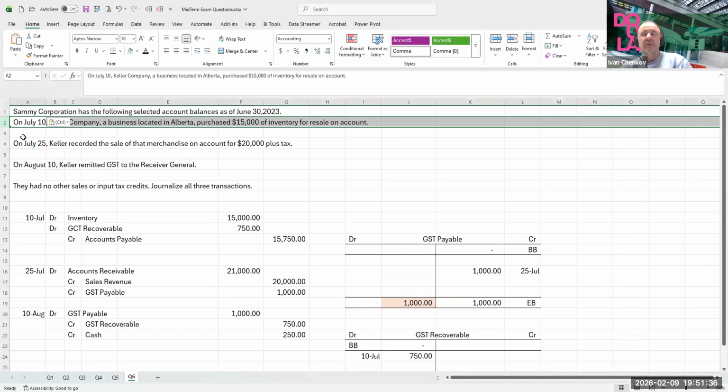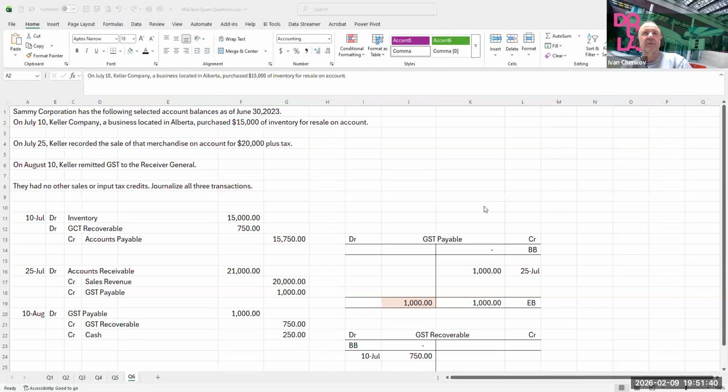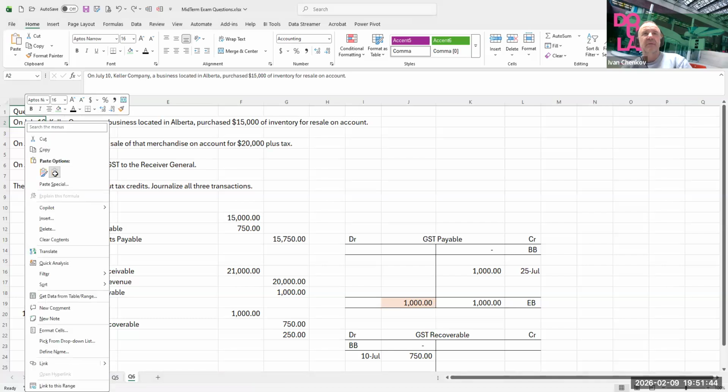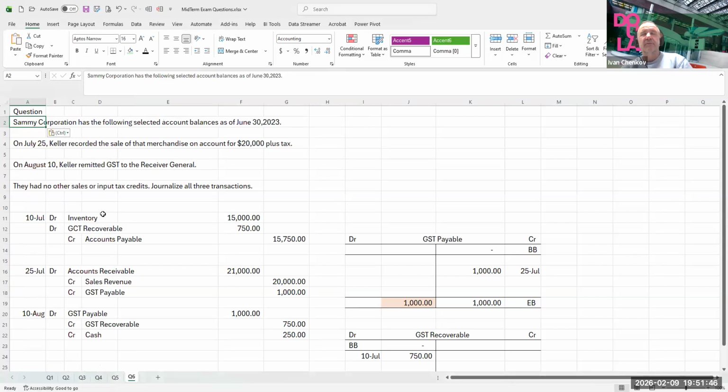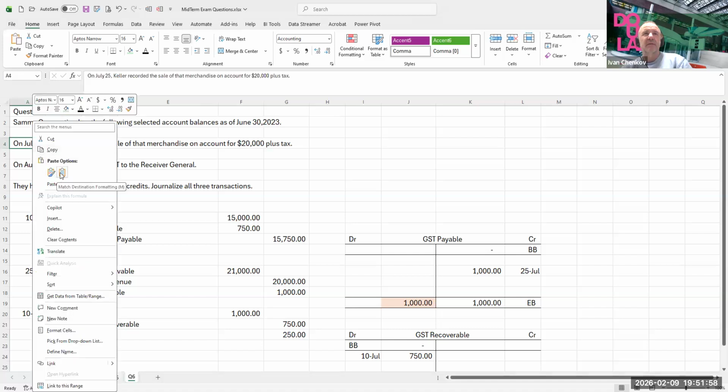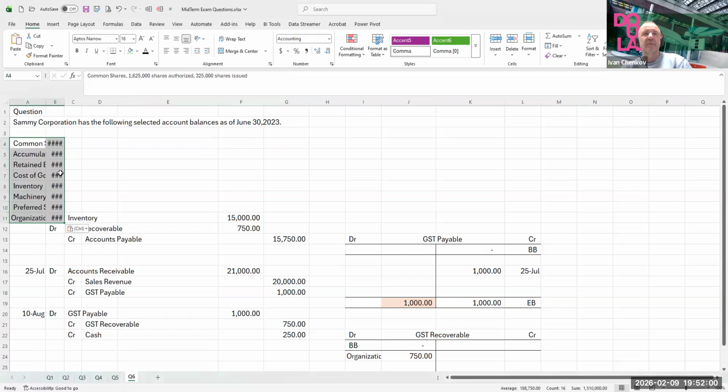So we have those selected accounts for the company. Let's put the question here. Let's paste it here. Now we have to get the accounts for the selected accounts for the company. And then we're gonna get the requirements. It's gonna be a little bit messy here, but we're gonna figure it out.